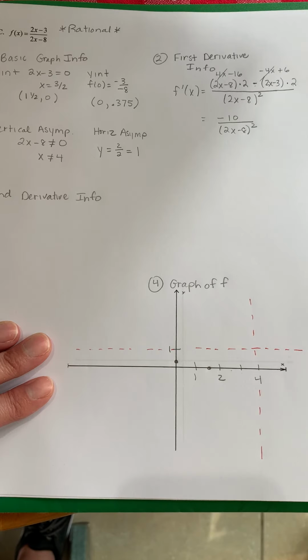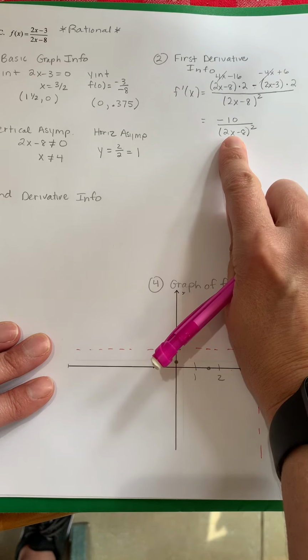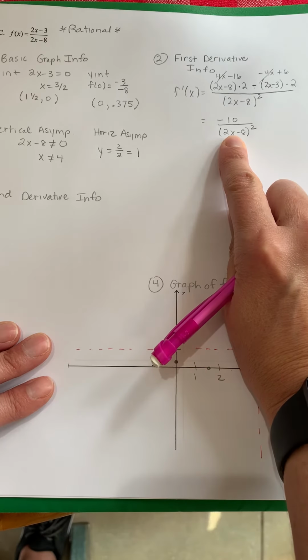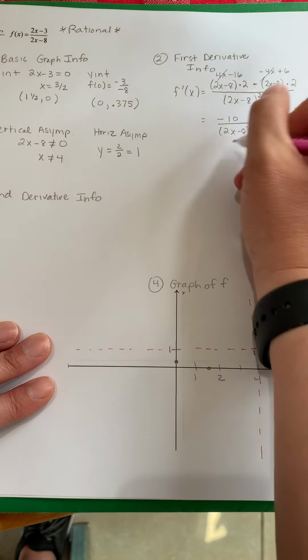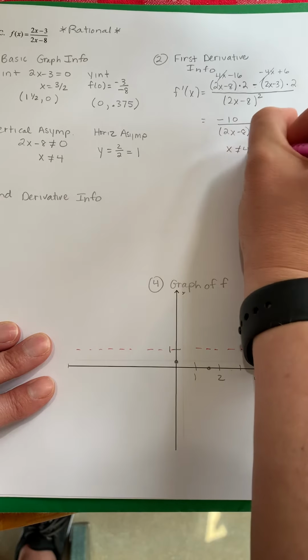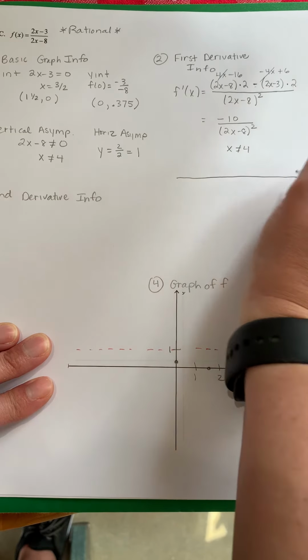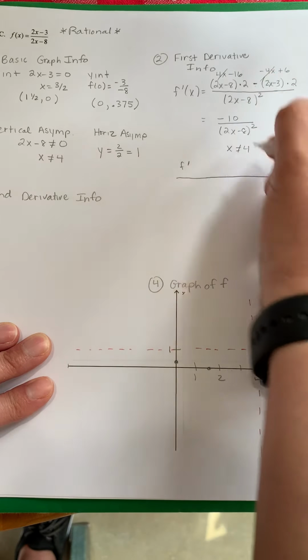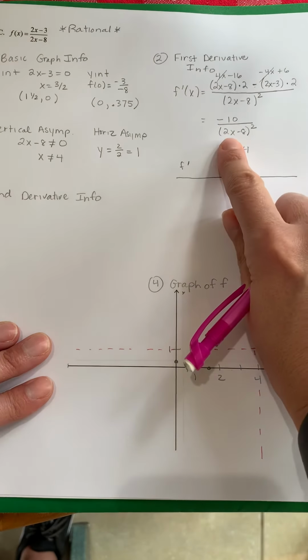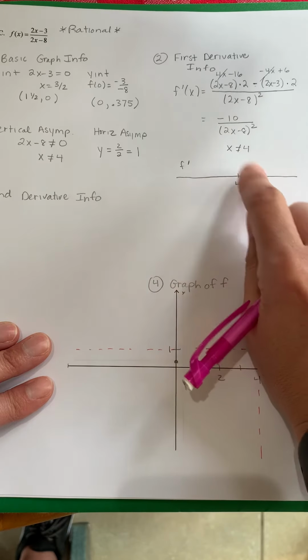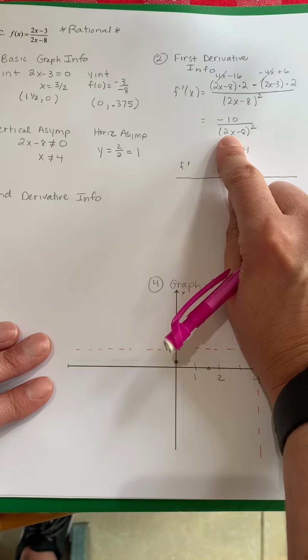All right, so what ends up happening is that our critical point is going to come from the same 0 of the denominator that we looked at with the vertical asymptote. So x can't be 4 again. So we're going to use that in our first derivative test. Make sure that you look on both sides of 4 in the first derivative.